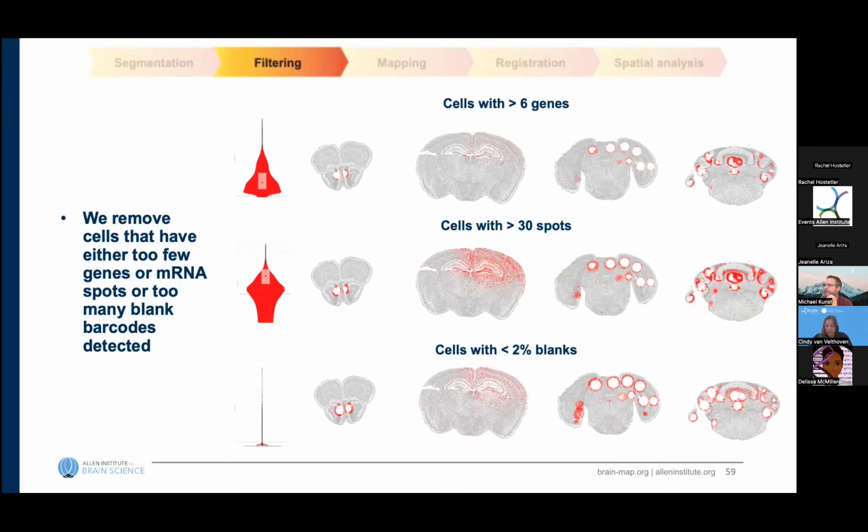Blanks basically follow the same logic a gene follows in a code book, but do not encode for an actual gene. So every time you see a blank, that is basically a sign of a false positive detection of the whole system. We found that regions where the blanks are higher than 2% also strongly correlate with low quality tissue regions. So we use that as our next filtering criterion to find bad cells.